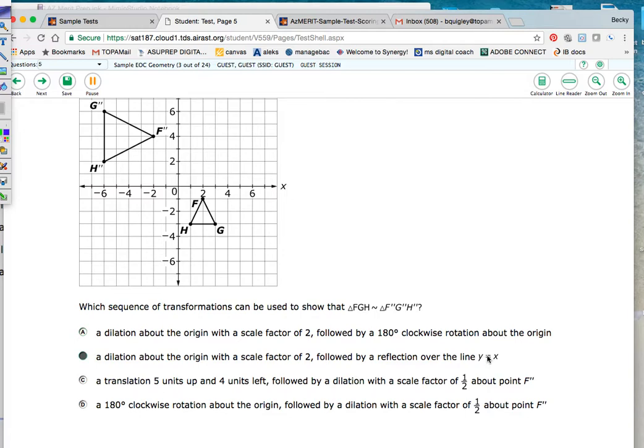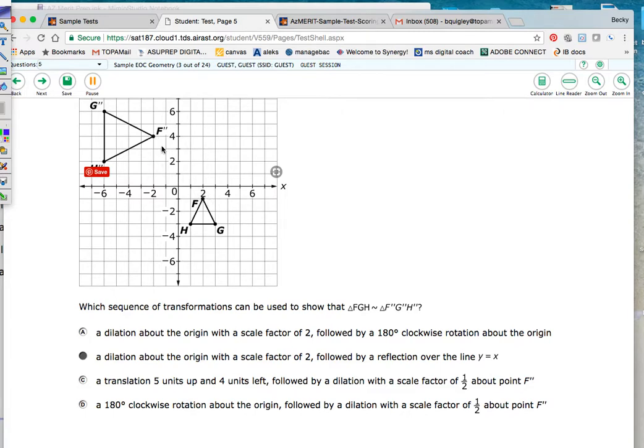There are 2 strategies you could use for this. You could use our grapher and plot each of the 2 triangles and graph the line y equals x, because you do have an unlimited amount of time, so that's a way to be certain. Remember, reflection over the line y equals x, this is our y equals x line. A rotation about the origin would mean that you would take each point and rotate them 180 degrees about the origin.